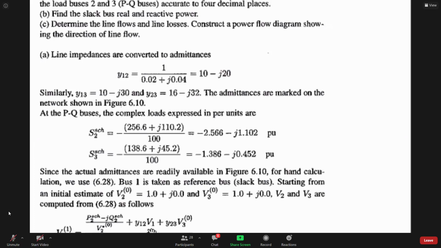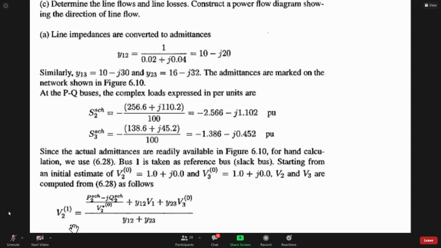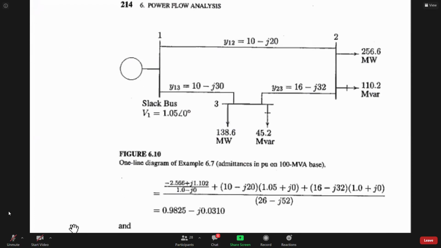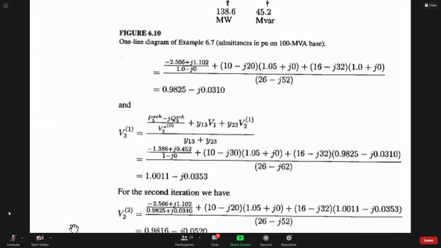Voltage for the slack bus is given. Voltage for load bus 3 you have to assign as the initial value of 1. From that calculation you can generate the voltage of bus 2 as well as bus 3. Is it clear? Yes, sir. Have you recalled the problem now?